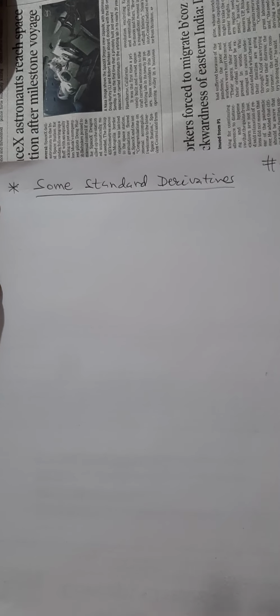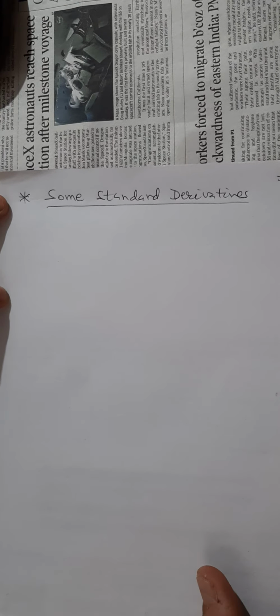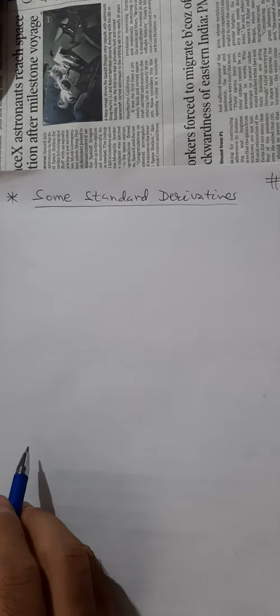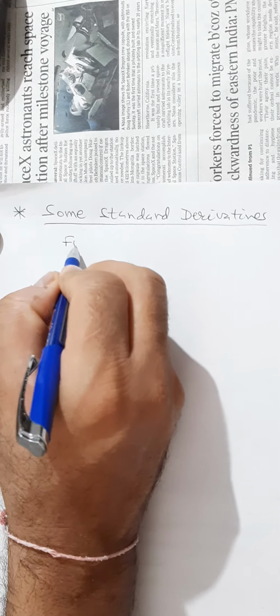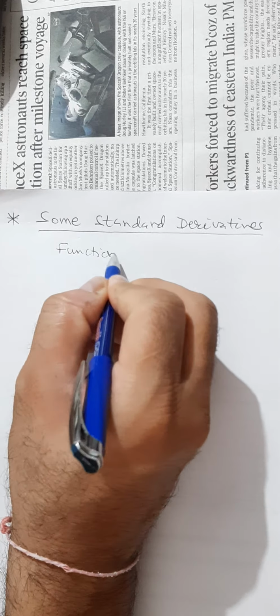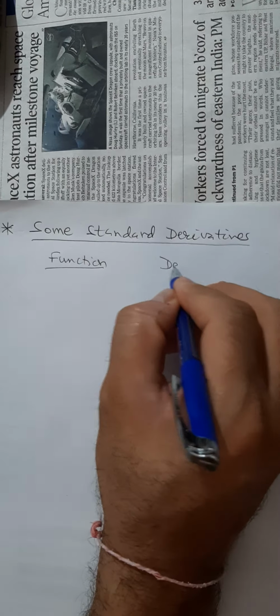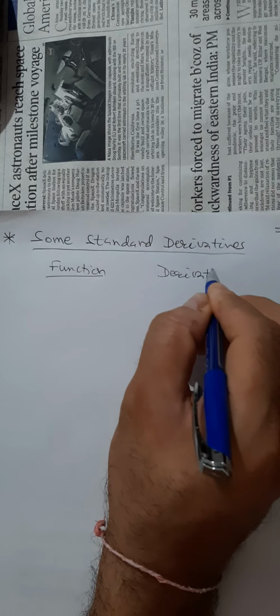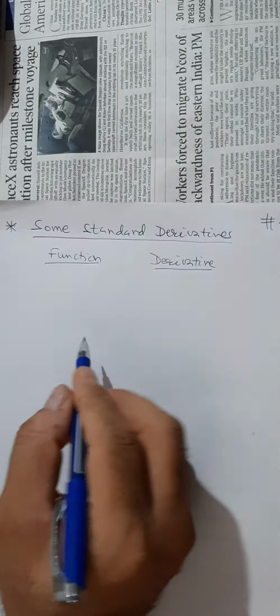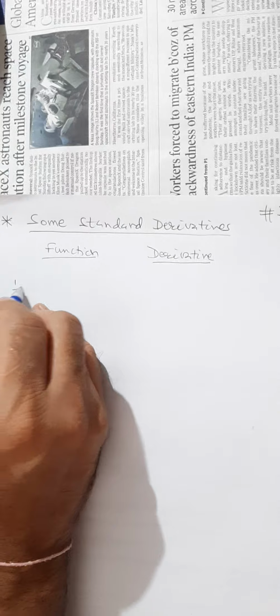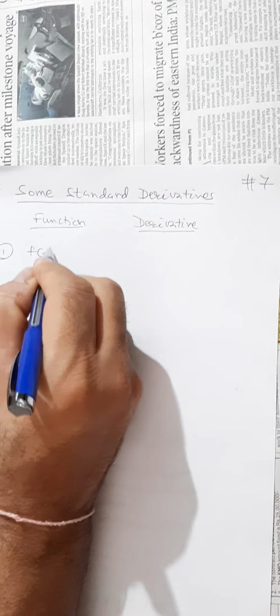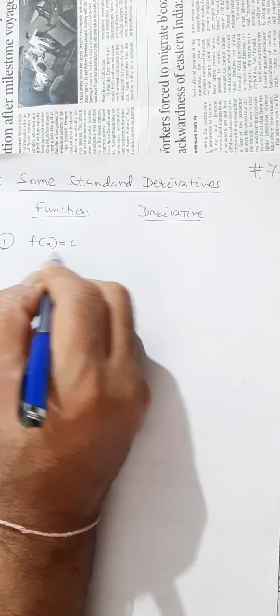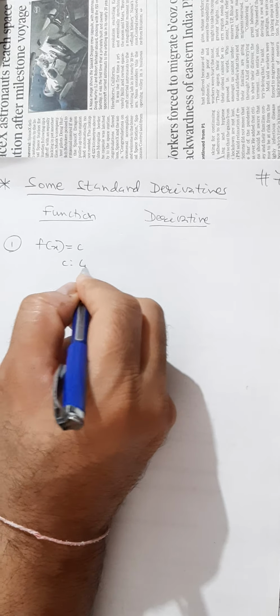Okay, so after doing this differentiability concept, now we list out some standard derivatives which you know from 11th standard. So I'll write here function, and here I'll write derivatives. Each of these we can prove by definition. So I'll start with the first one, f(x) equals c, where c is any constant.